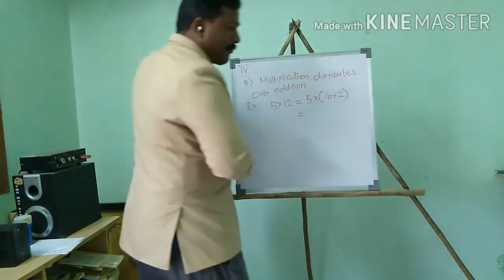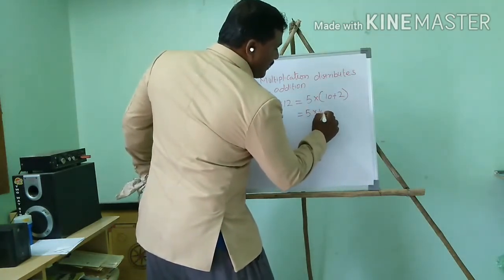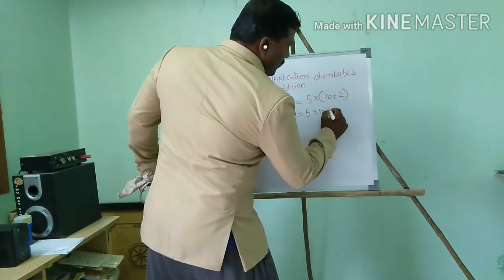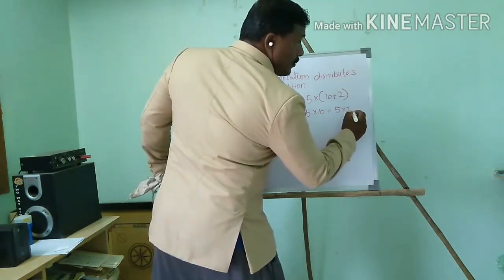So now I am going to write it like this: 5 into 10 plus 5 into 2.